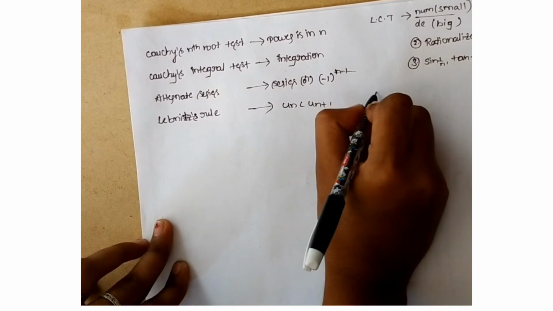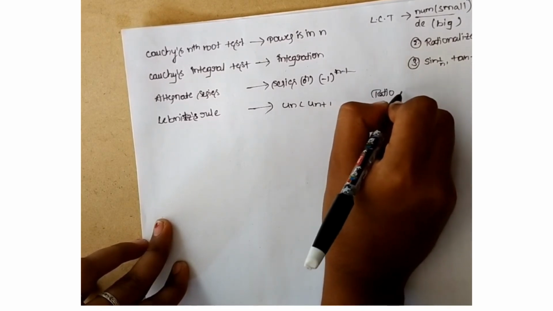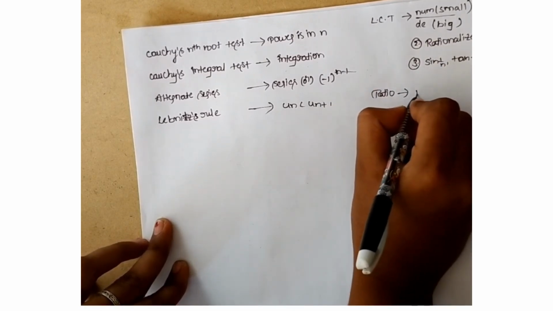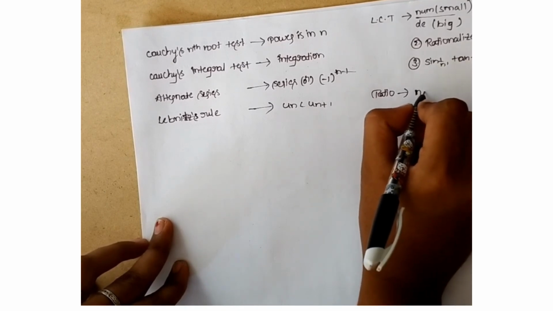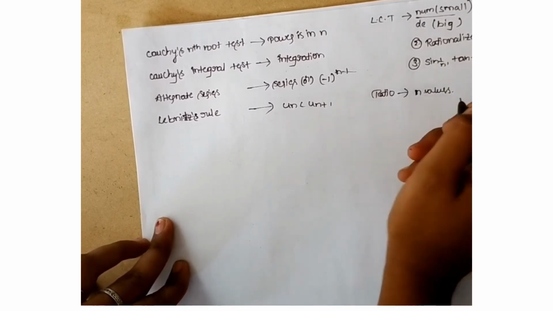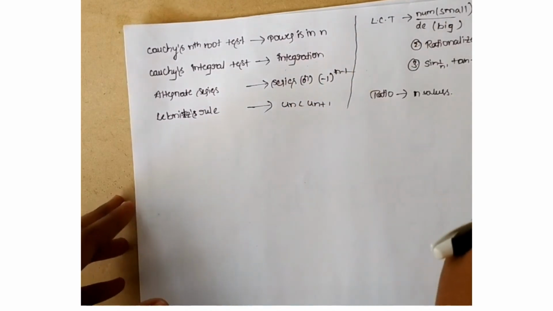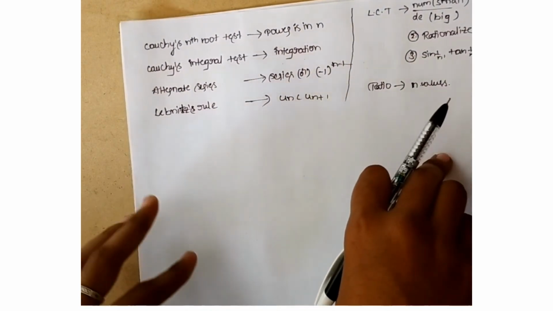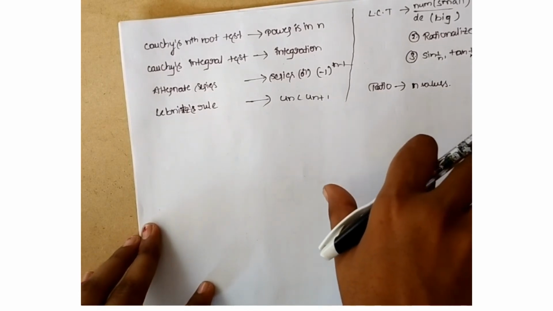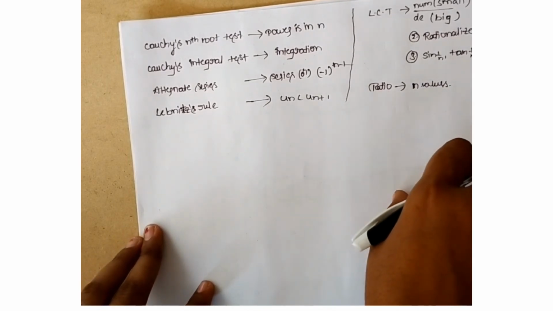Next, the ratio test, which contains n values in the sum. These are the topics in the first sequence and series. Once we complete the first half, we have the second half, the mean value theorem.